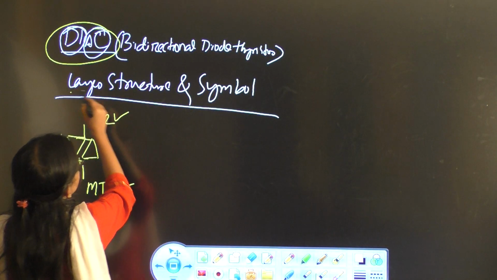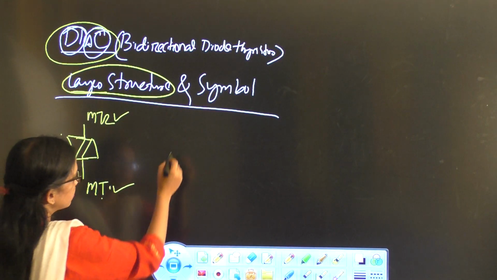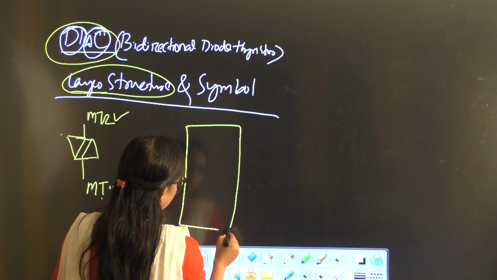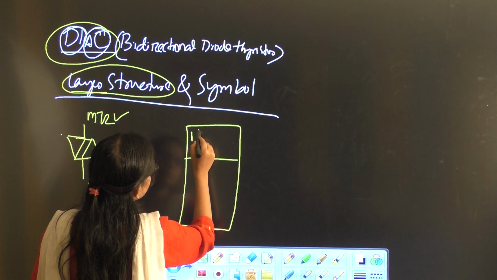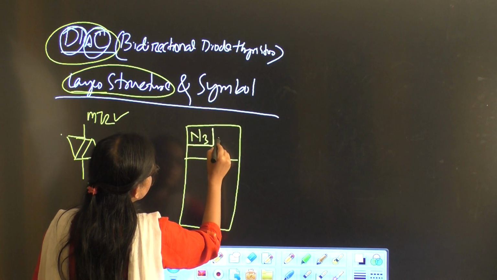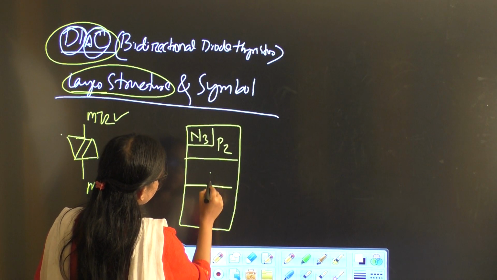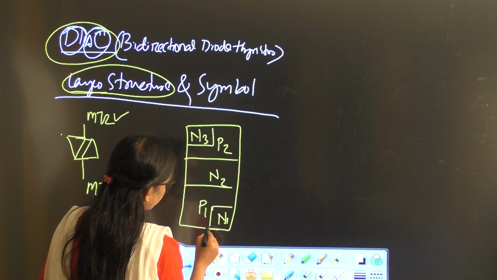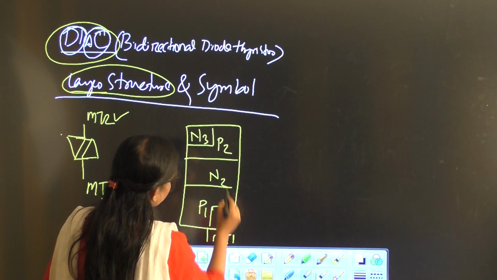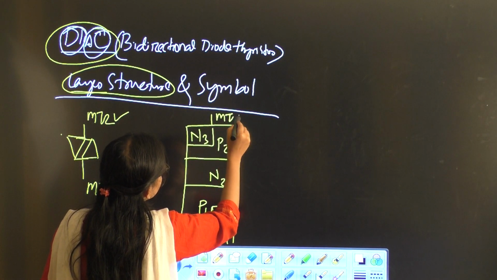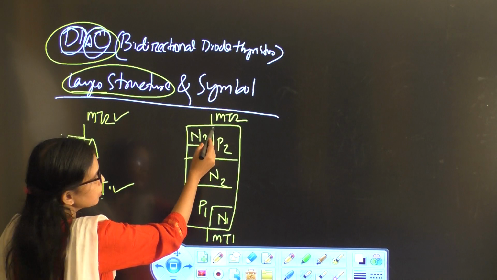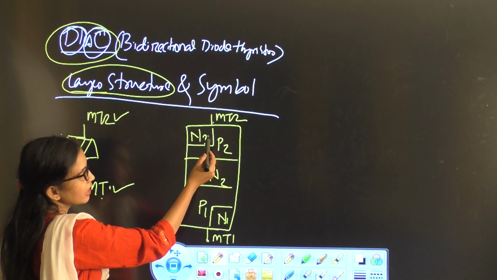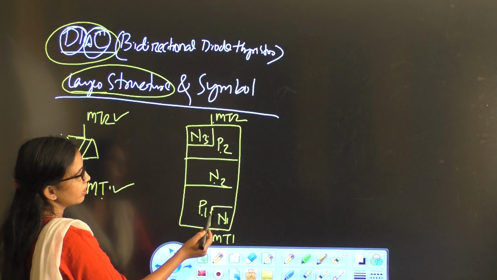Now move to the layer structure of DIAC. As you can see here, it has two terminals, that is MT2 and MT1, and it has 5 layers: N3, P2, N2, P1 and N1.